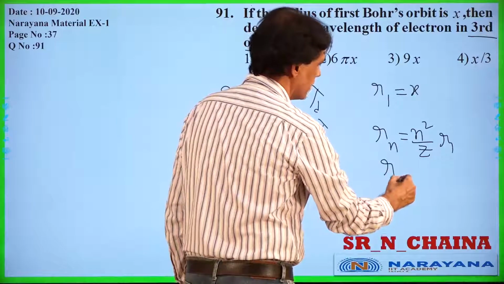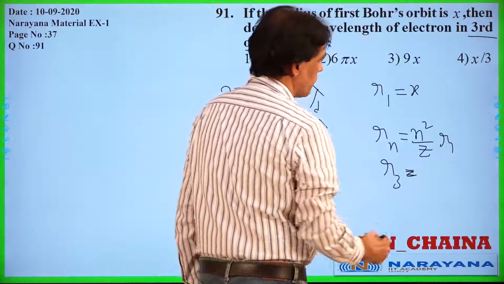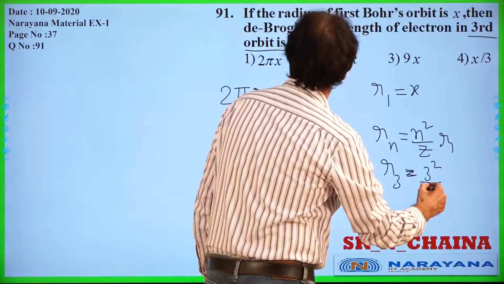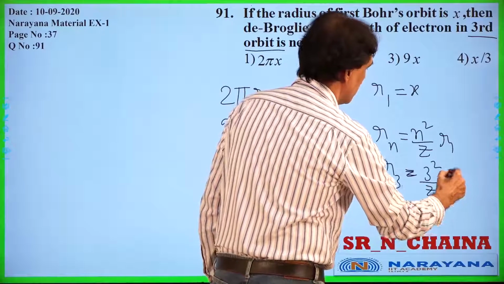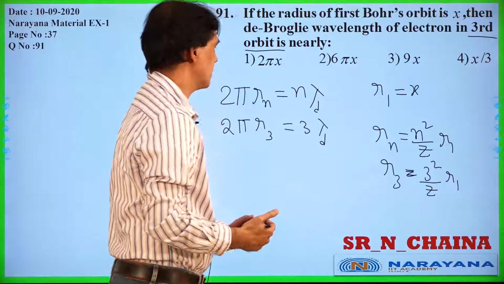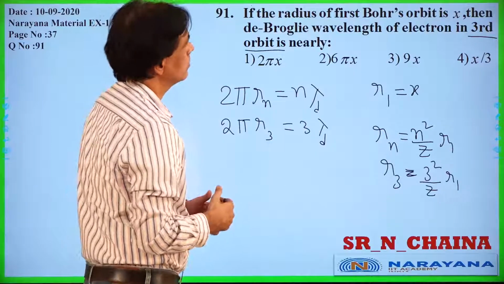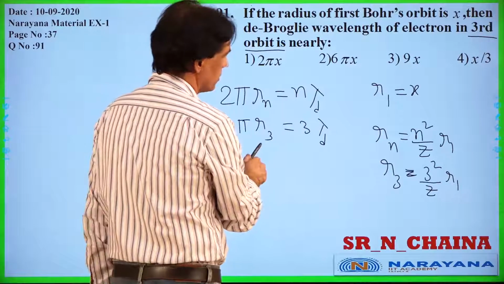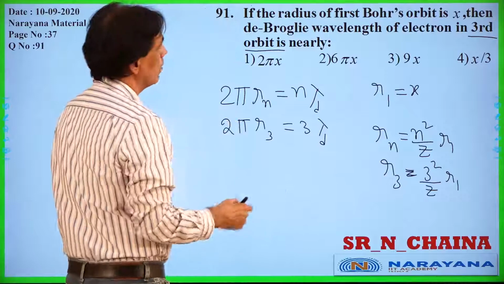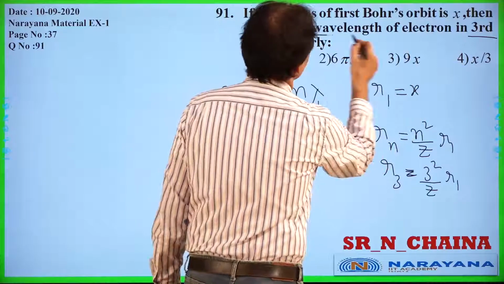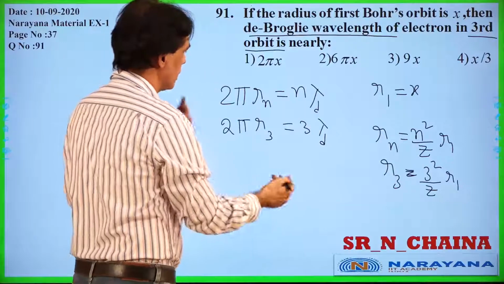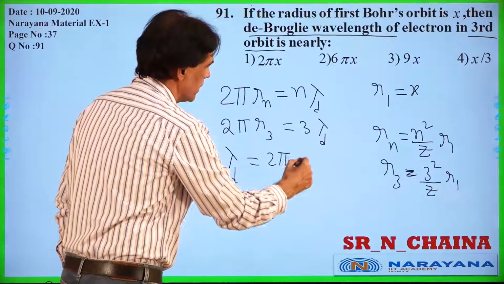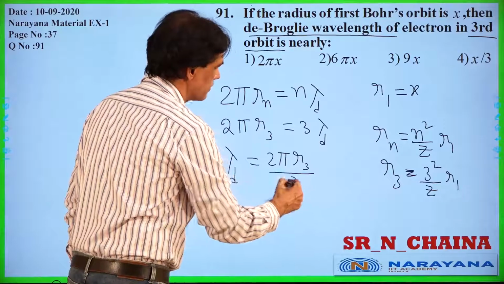So what would be R3? R3 equal to 3 square by z into R1. What I need to find out is the de Broglie wavelength, so let's make lambda d the subject. Lambda d equals 2 pi into R3 by 3.